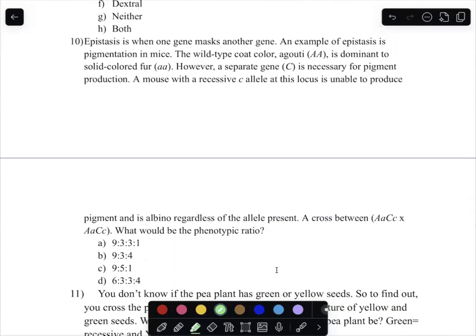Epistasis is when one gene masks another. An example of epistasis in mice, you have the dominant and then the recessive. However, a separate gene is necessary to produce a pigment. A mouse with a recessive c allele at this locus is unable to produce the pigment and is albino, regardless of the allele present. A cross between those two genotypes, what would be the phenotypic ratio?